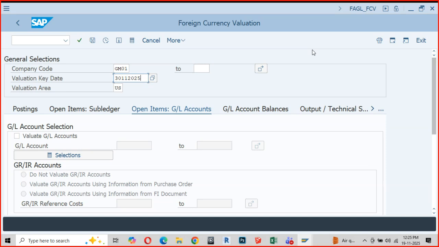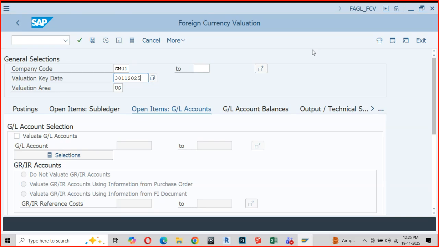But in case I frequently transact in the foreign currency, at that point in time I would want to have a regular analysis as to where exactly my business is doing, what exactly my business is achieving through this foreign currency valuation.